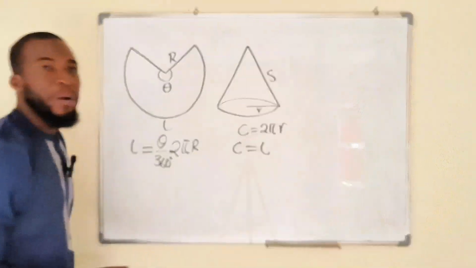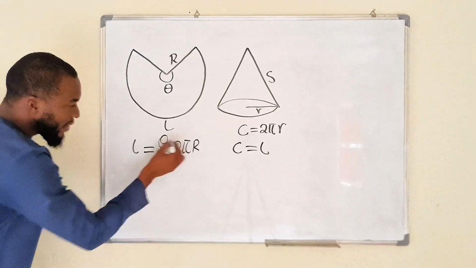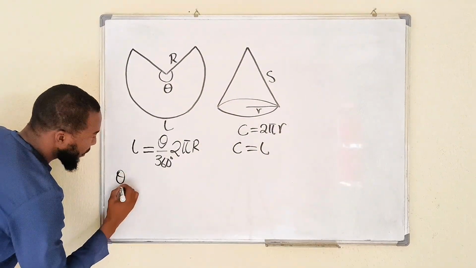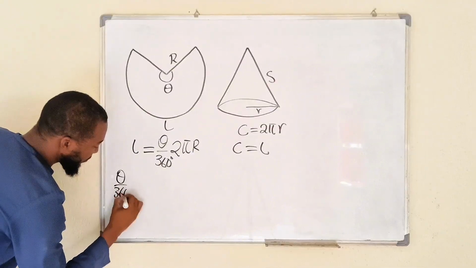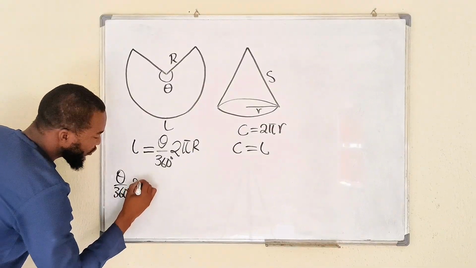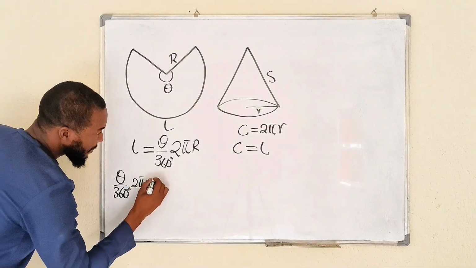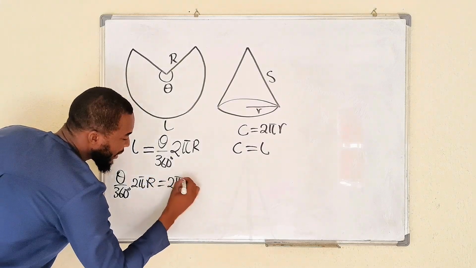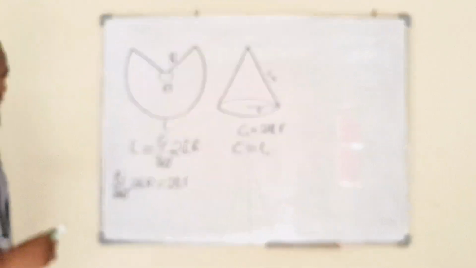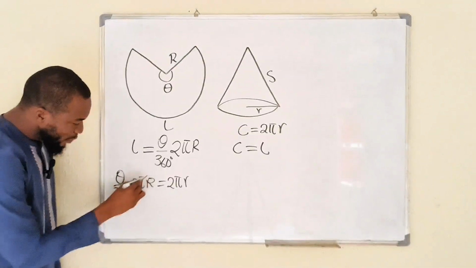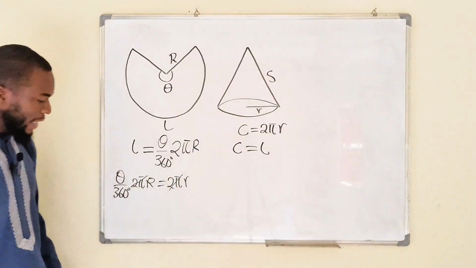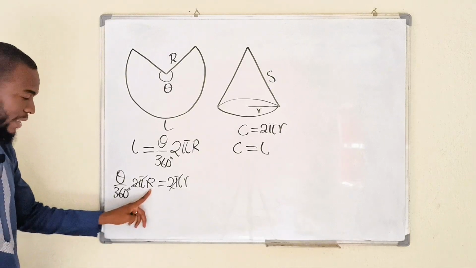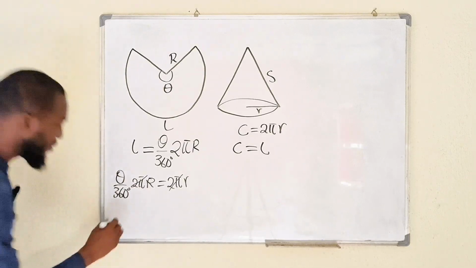So instead of L, we are going to write C, and our C is 2 pi r, which means that the whole of this will be equal to this. Theta all over 360 degrees multiplied by 2 pi capital R is now equal to 2 pi small r. This 2 pi will cancel this 2 pi, and we can divide both sides by capital R, leaving only theta divided by 360.